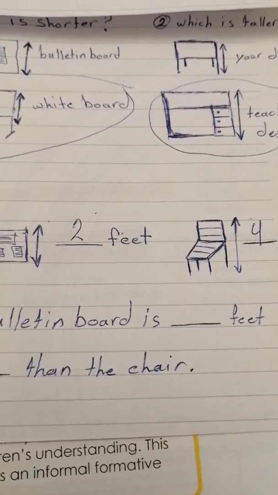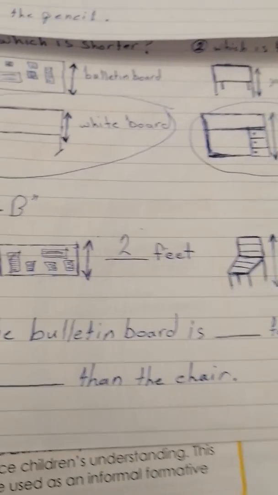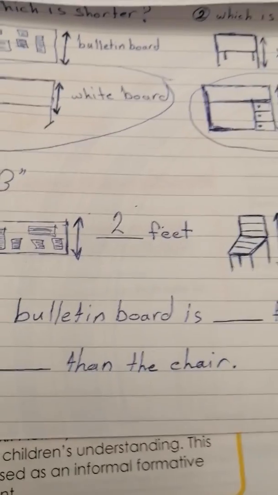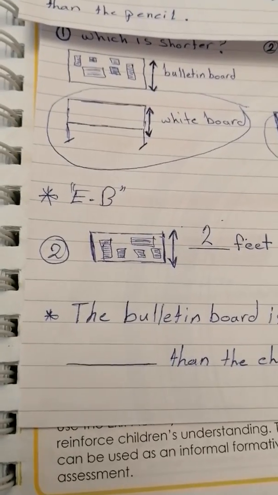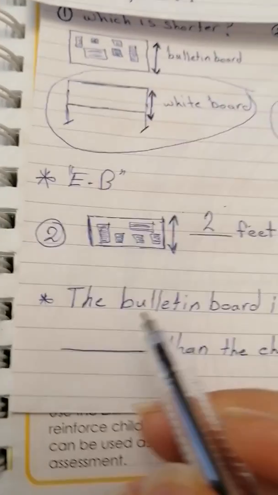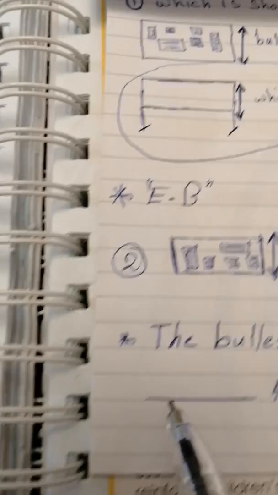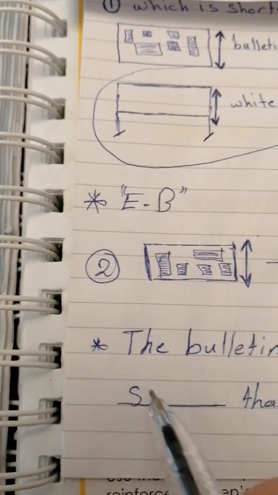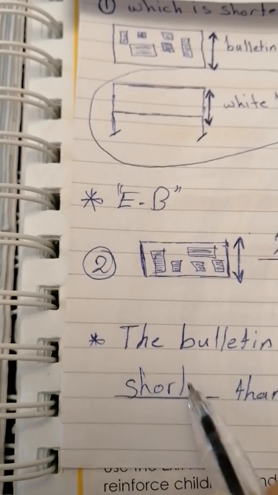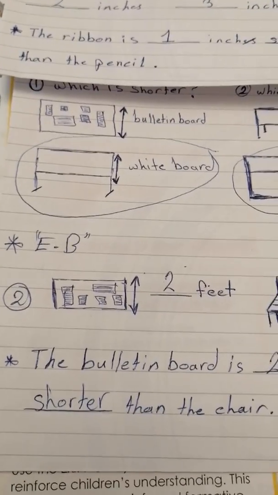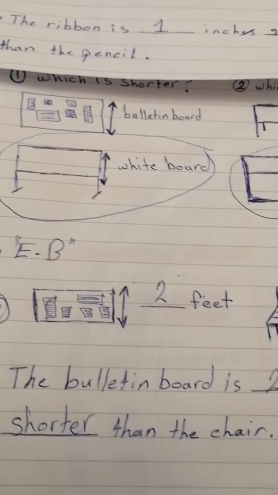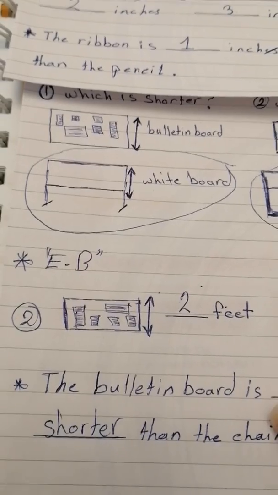Less than 4 by 2 feet. So the bulletin board is 2 feet, because it's less than, so it's shorter than the chair. Okay? And now we just finished our exercises today.